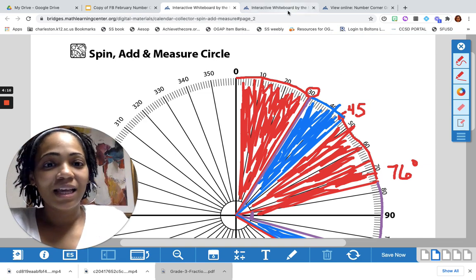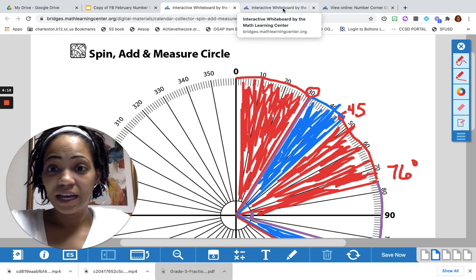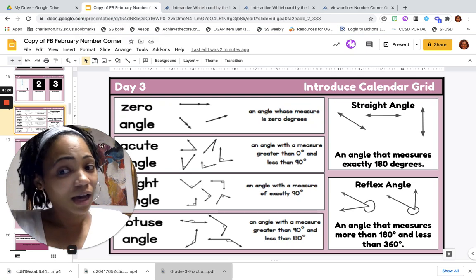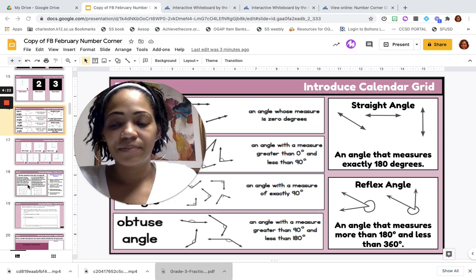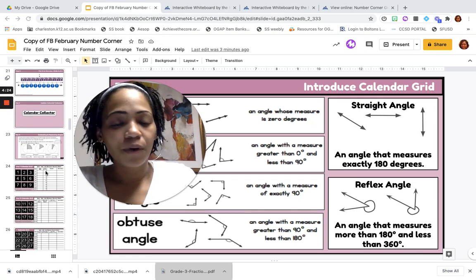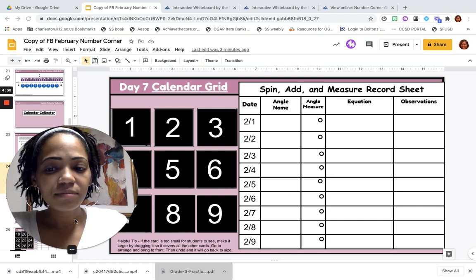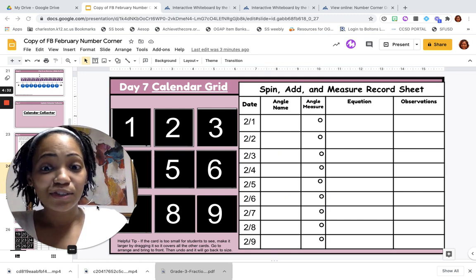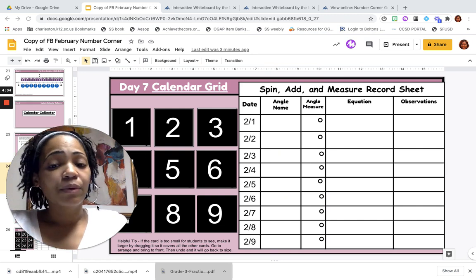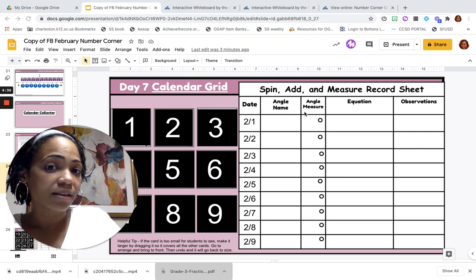So let's get started with our calendar grid observation chat. Here we go. Before I reveal today's marker, let's simply start off by looking at our calendar grid pieces starting from day 1. And when we do that, we're going to be filling out this recording sheet.